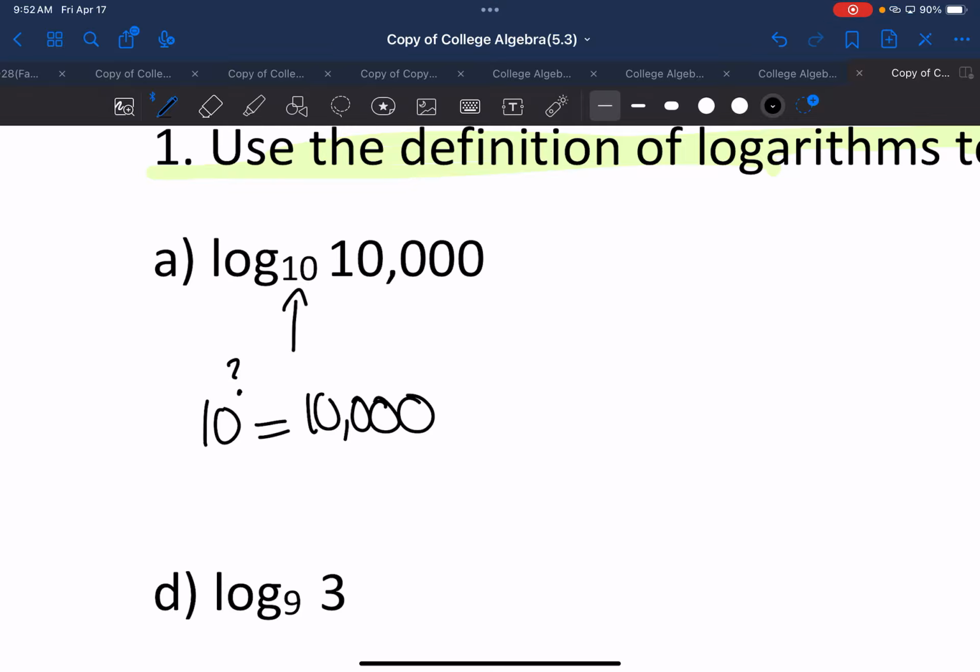Anybody know? 4. 10 to the 4th power is 10,000. If you didn't know that, you could just start taking that 10 and raising it to exponents in your calculator, or powers of 10.